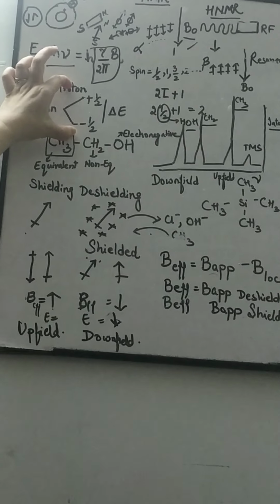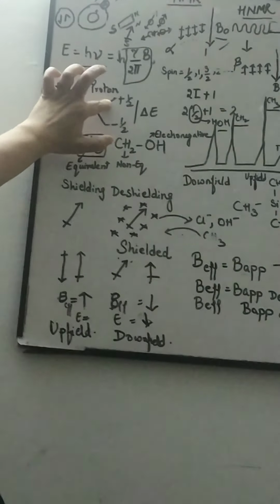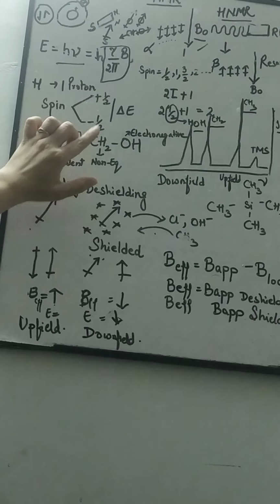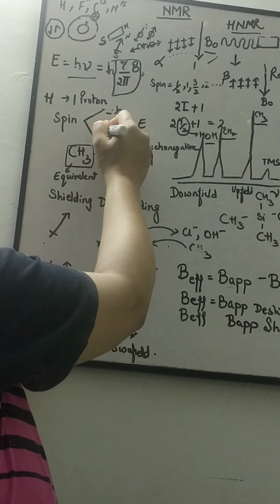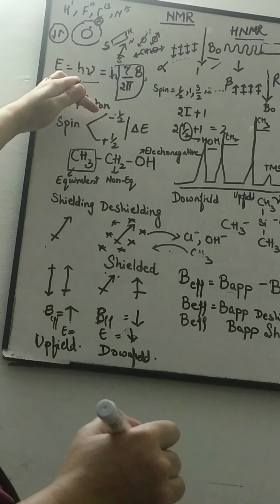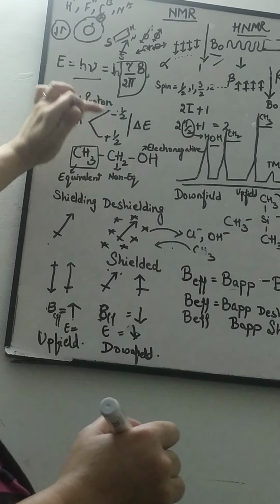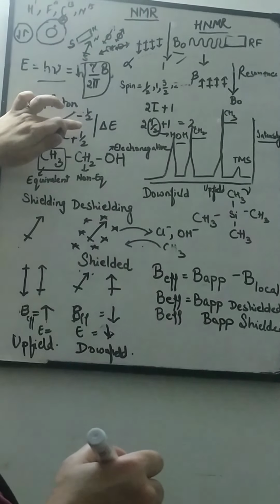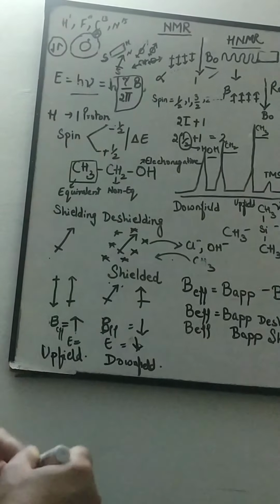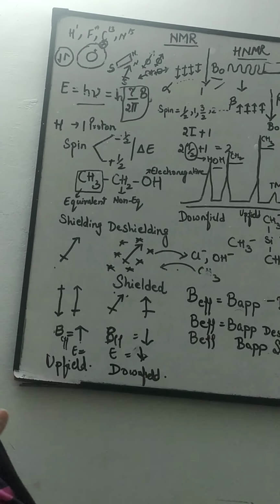So here we can see two orientations, one along the field and the other against the field. Obviously, against the field, or upfield, will be higher in energy, and along with the field, or downfield, will be lower. This energy difference is given by delta E, which is given by this value.